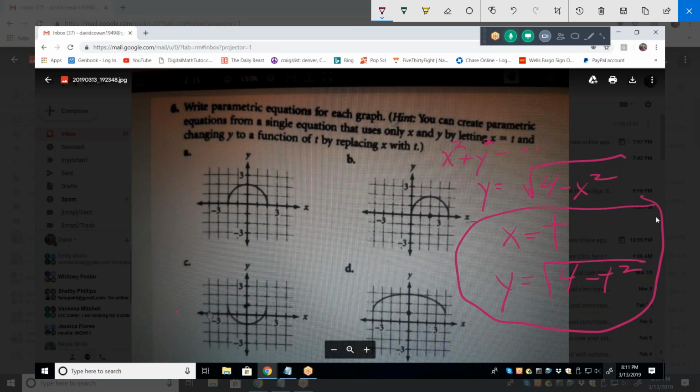I'll do it algebraically to prove it to you. So x equals t and y equals 2 times the square root of 1 minus t over 2 squared. And all of that is in the numerator? No, it's all under the radical sign, but the t over 2, like the 1 is not divided by 2.